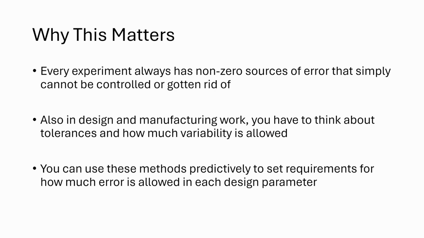And that's really, I think, the end goal of all of this from an engineering point of view: to make designs that are more robust because you know how to account for variability in the process of manufacturing those designs and making them reality.